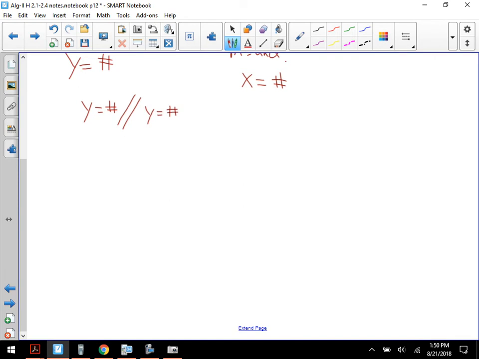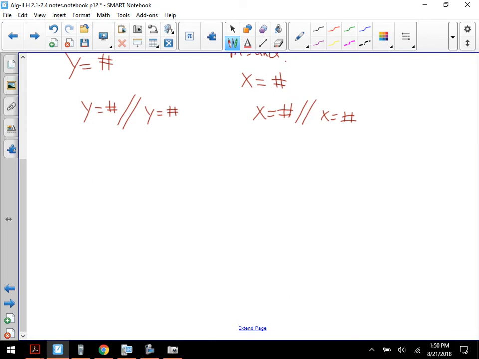You guys remember the symbol for parallel, with 2 slashes? Okay. You can do the same thing with vertical. X equals a number is always parallel to x equals a number, which therefore means they have to be perpendicular to one another.